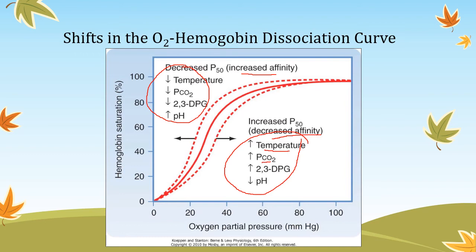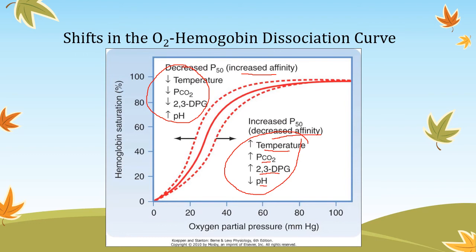And we're going to learn later how an increase in carbon dioxide can also cause a decrease in pH, making it more acidic. I will also explain 2,3-DPG, but I'm putting it in here. An increase in 2,3-DPG also causes a decrease in affinity of hemoglobin towards oxygen.